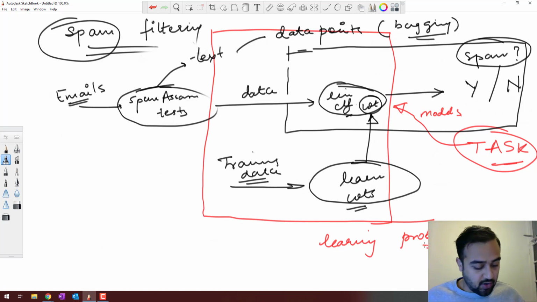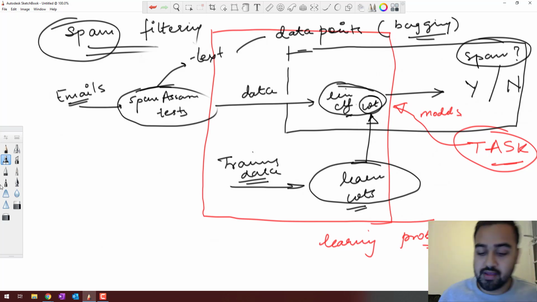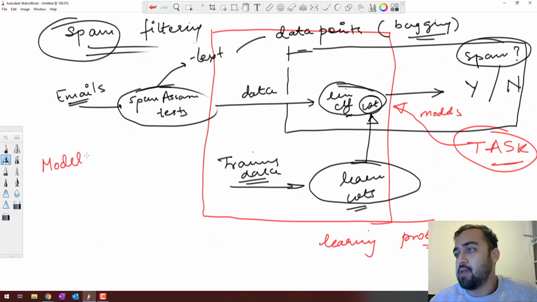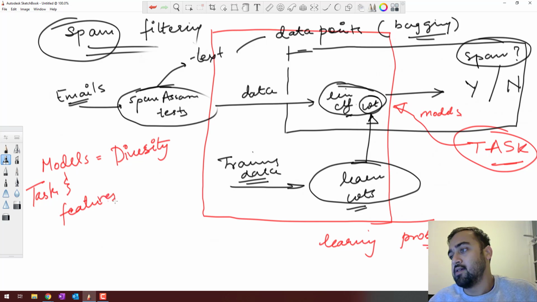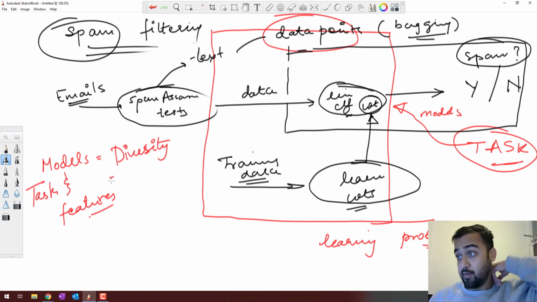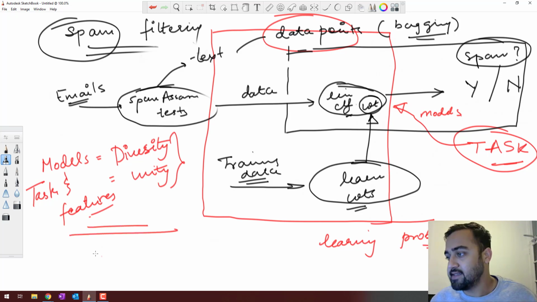The learning problems are solved by learning algorithms that produce the models, all right? So machine learning is concerned with using the right features to build the right models that achieve the right tasks. So basically the models in machine learning provide the diversity to it, whereas the tasks and features provide the unity to machine learning. The task is to classify and the features are based on the data points, right?